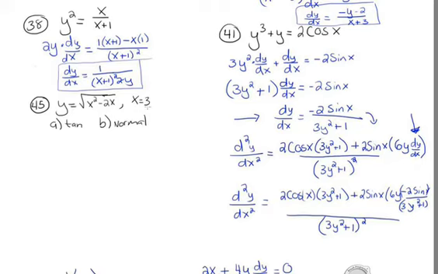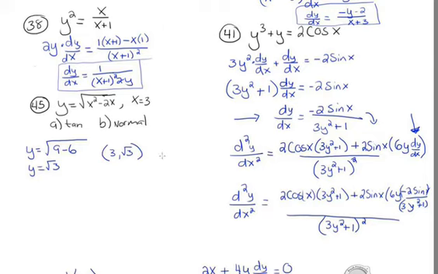For this problem, it only gave me x is 3. So the first thing I should probably do is find out what the y value is. So I'm not taking the derivative, I'm just plugging in 3. And I get 3 squared is 9 minus 6. So I get the square root of 3. So that tells me I've got the point 3 comma square root of 3.